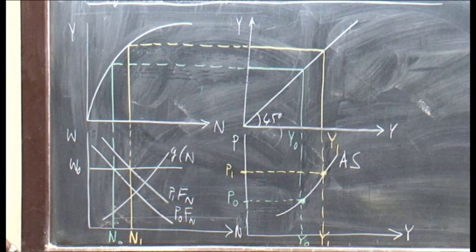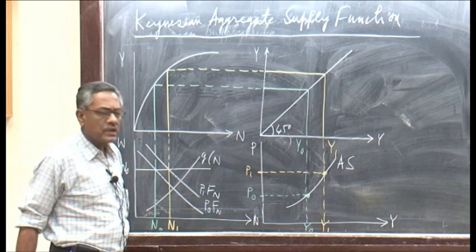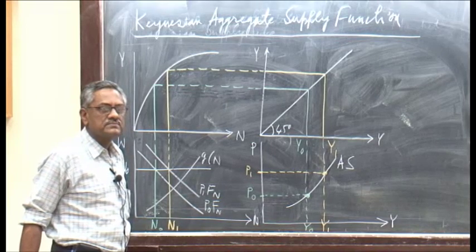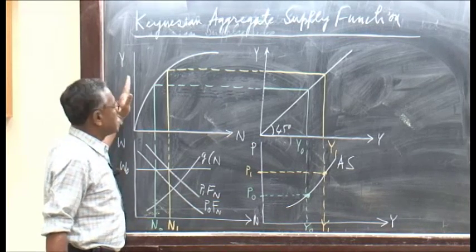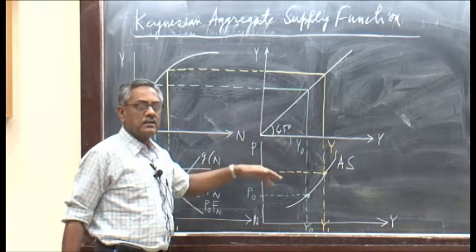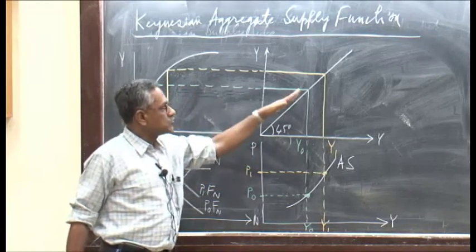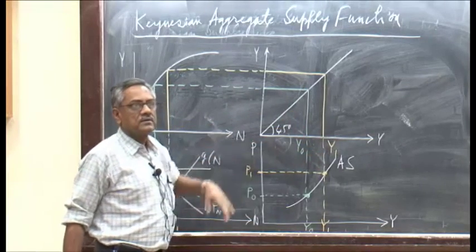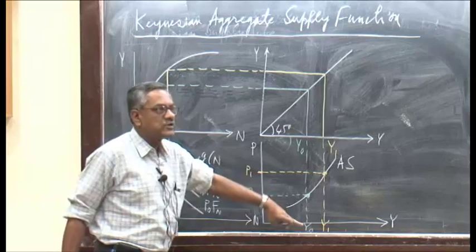Very important diagram, because I want to make a number of points after this. Output supplied is on the x-axis. It was on the y-axis. I translated that through the 45-degree line on this line. So this is equal to that, so that I can have that on the x-axis.